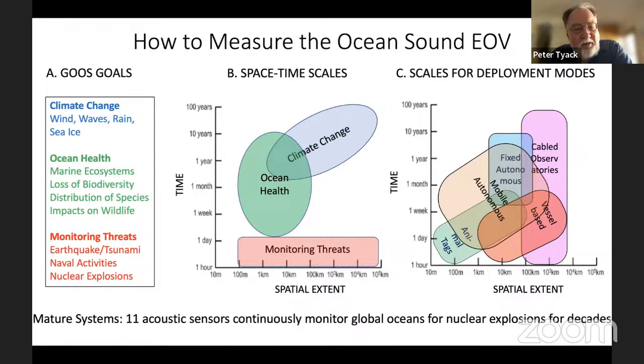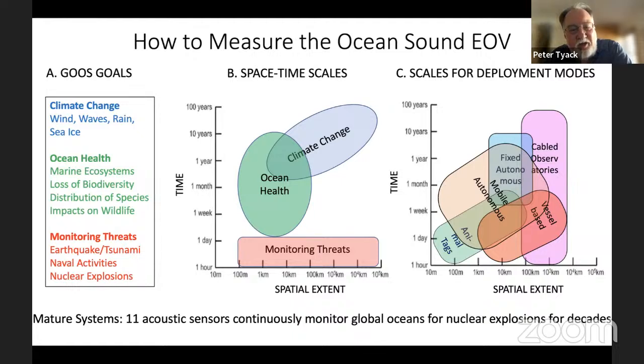I will mention, again, from the GOOSE perspective, the maturity of systems is very important. And the Comprehensive Test Ban Treaty Organization, since the early 2000s, has had 11 very well calibrated acoustic sensors that continuously monitor the global oceans for nuclear explosions for decades. And this is because sound propagates so well in the ocean.